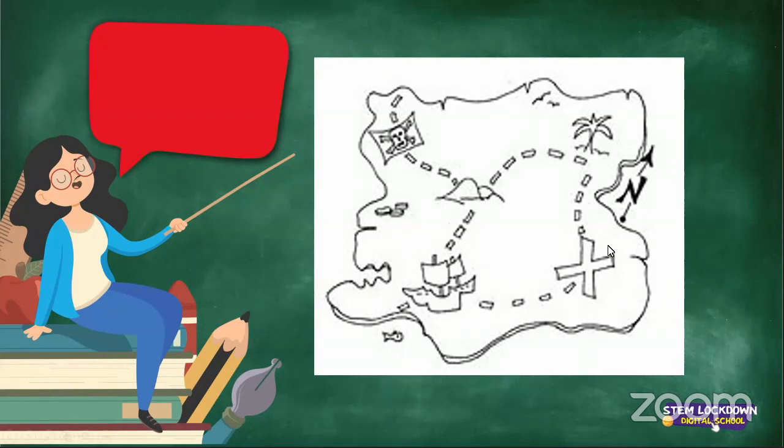Let's quickly count together. 1, 2, 3, 4, 5, 6, 7, 8, 9, 10, 11, 12, 13. So we need 13 steps to get to the treasure the long way round.